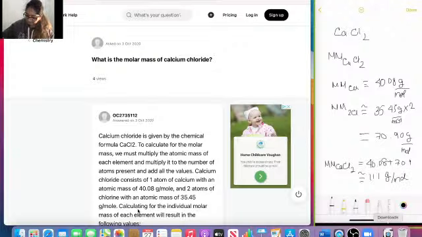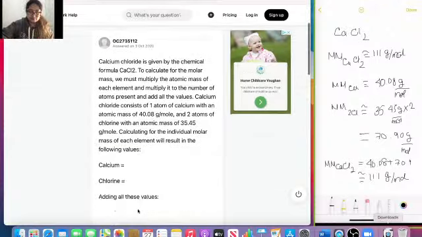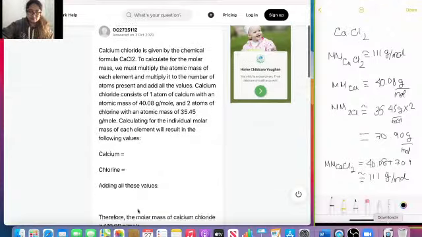Okay. I rounded my number, so I got 111, and so this is correct.